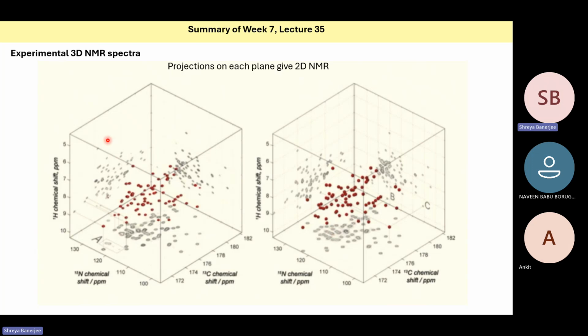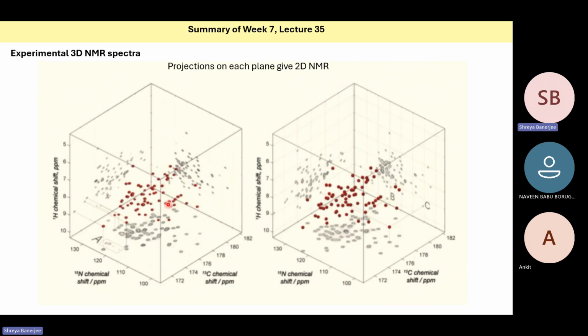These are examples of 3D spectra. We have already shown this before. Basically, if you draw projections onto any plane, you will get the corresponding 2D spectra. So suppose this bottom plane is a 15N versus 13C spectra. Then this plane on this side is a 1H versus 15N spectra.